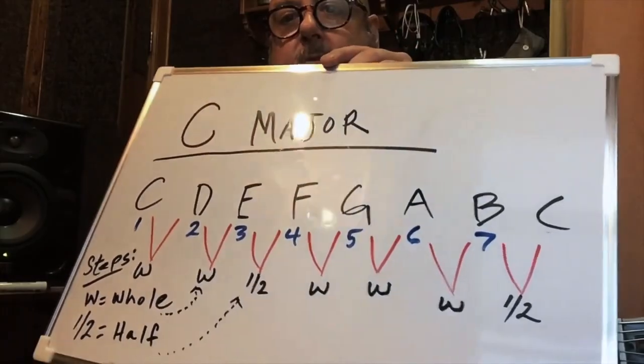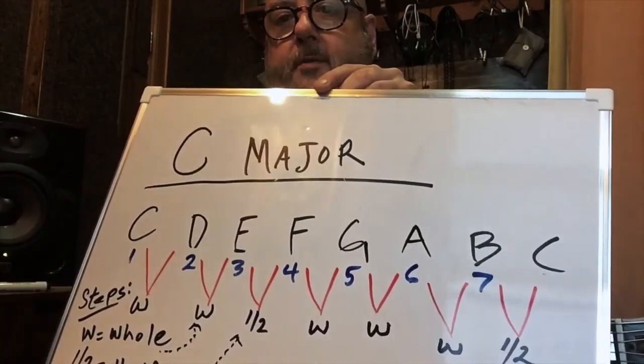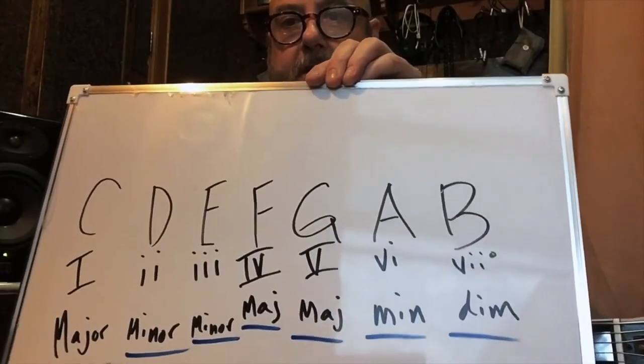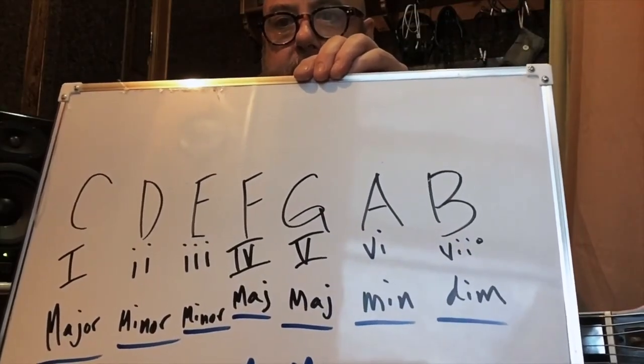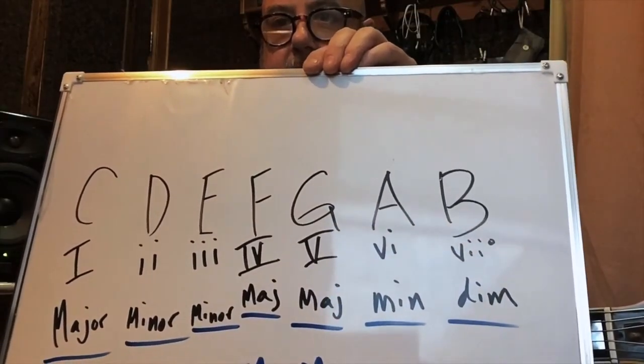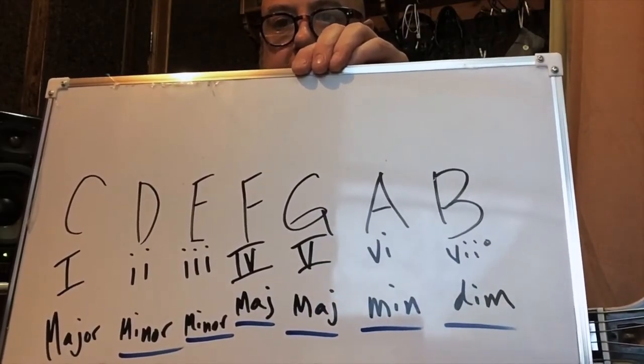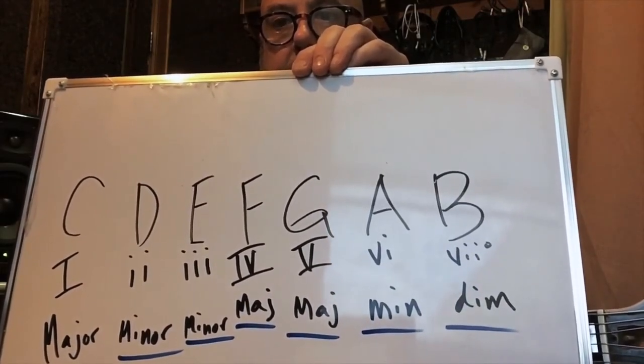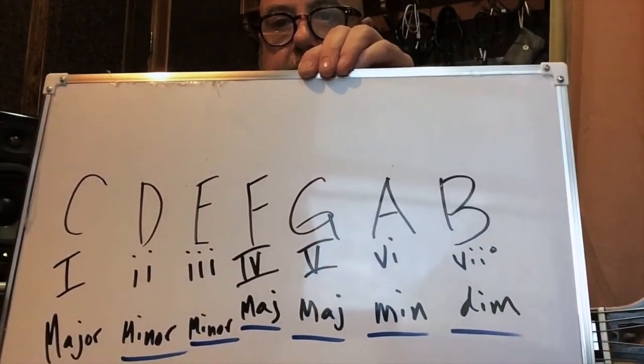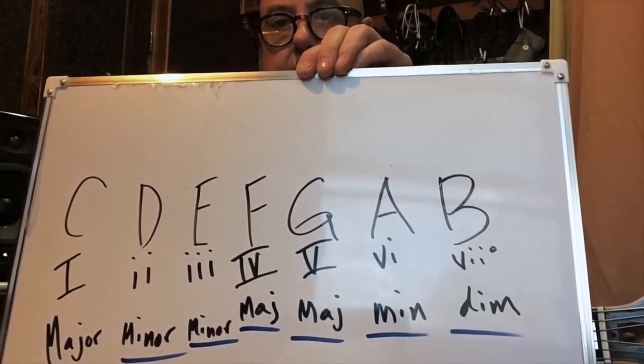I'm going to flip this over and show you the order of chords. The scale is written out again. The Roman numerals indicate major and minor. Uppercase Roman numerals are major, lowercase are minor.